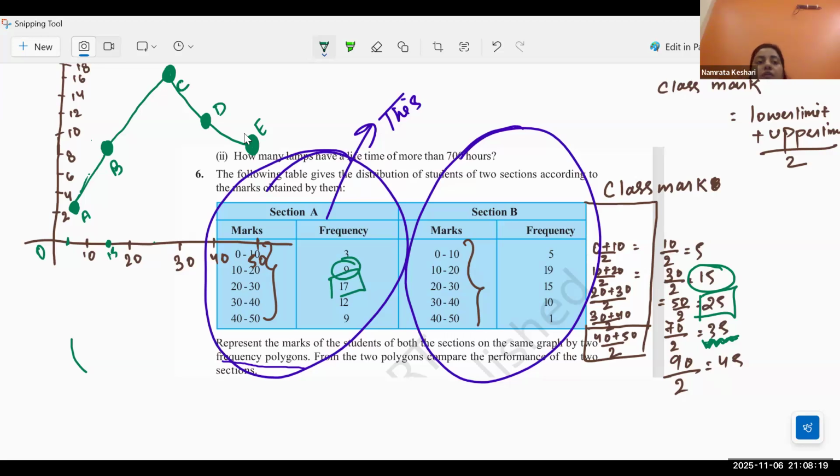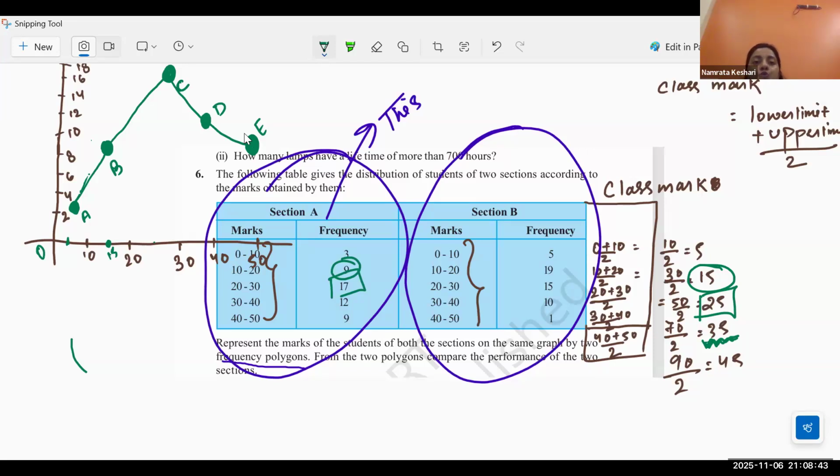We are almost there, we are about to get the frequency polygon, but this is not a polygon yet. We have to make it a polygon. To make it a polygon, we will connect the end point A with the x-axis and the end point E, the last one, with the x-axis. And how do we do so?